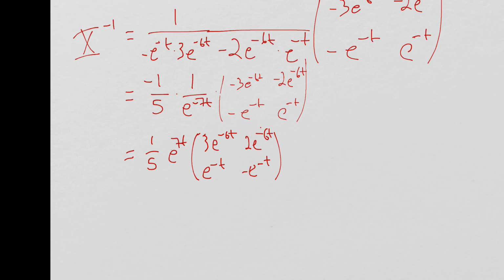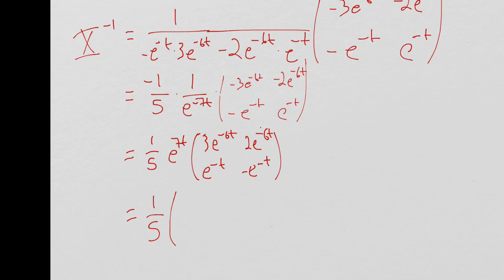So next step is 1 over 5. I'm going to distribute this into each of these pieces. So what I wind up getting is, open parentheses, I'm not going to write it out fully. Look, this gets multiplied in by that. e to the 7t times e to the negative 6t.